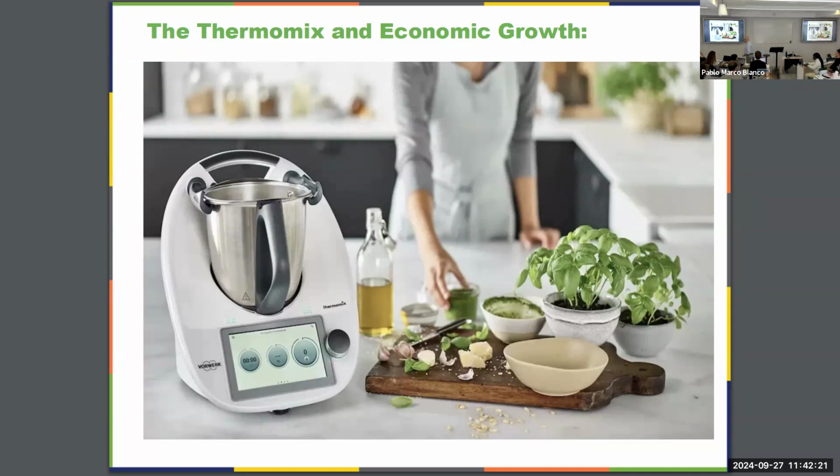And now let me ask you the second question. If I do risotto and I put too much parsley into the risotto, is that risotto going to taste well? No, because I'm putting too much of one ingredient. So the other lesson that we learn about the Thermomix is that the combination, the weight of the ingredients, is so important. Let me tell you an example of how this can be true.